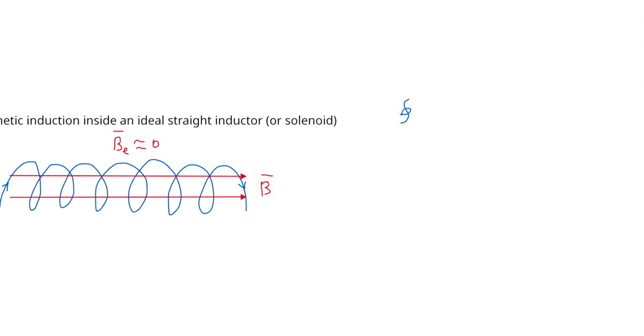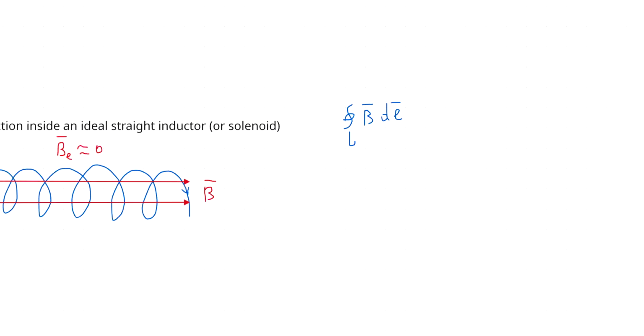So here we have the integral of B dl, and here will be mu zero, and the sum of electric currents that pass through the closed circuit L.